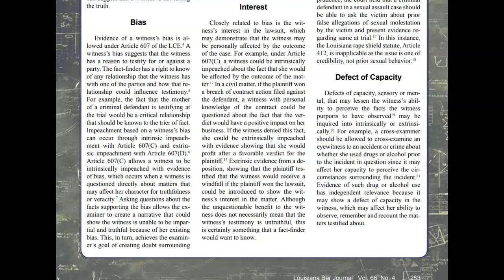That may affect that person's capacity. The person may have limited eyesight, limited vision, or if the person says she smells something and she has some issues with her sense of smell, that could be inquired into as a way to impeach that witness.